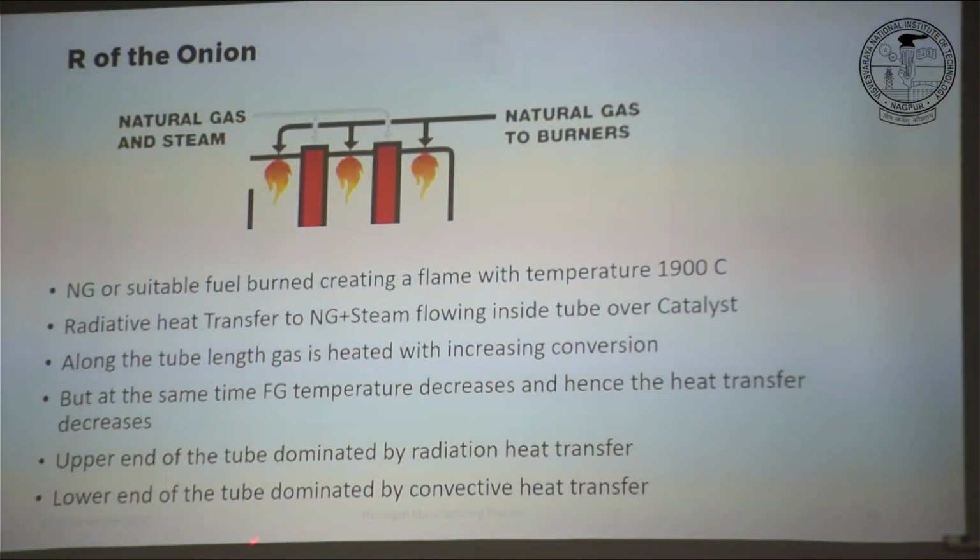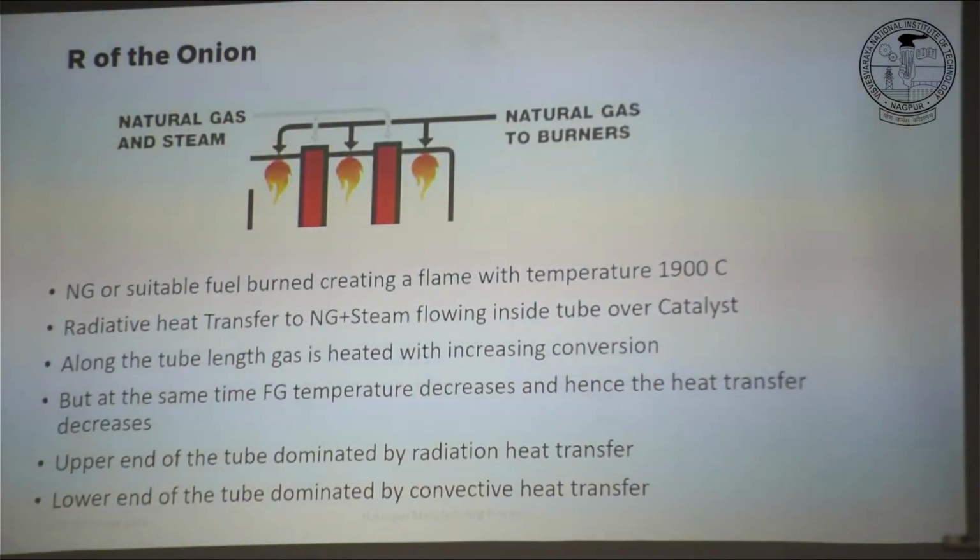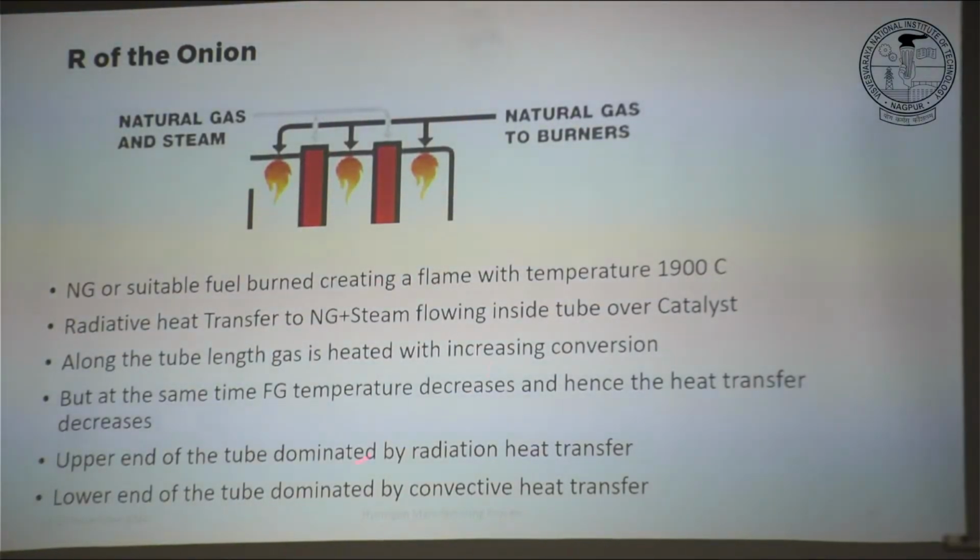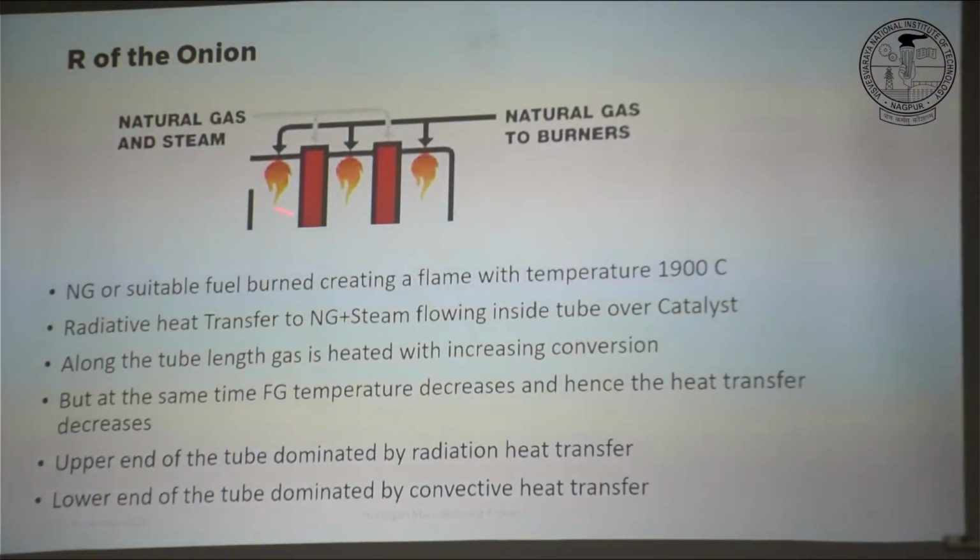So flue gas is going this way, feed is going in the tube this way, and the last end of the tube, to fit on this slide, I just cut it here, but as you go along the tube length, here, majority of heat transfer is via convective, and on top region, it's via radiative heat transfer.